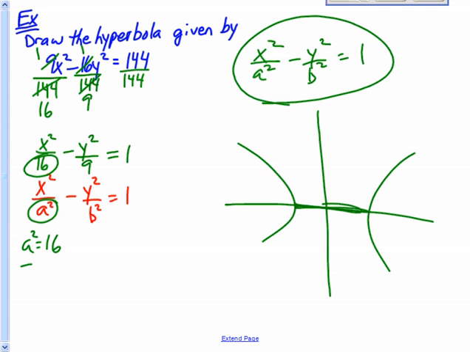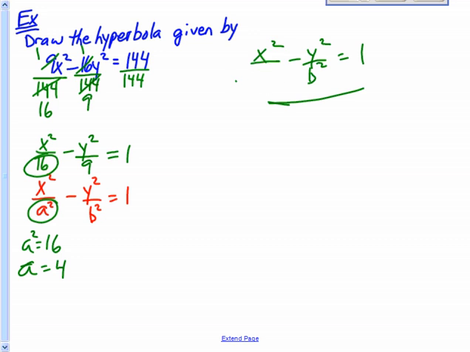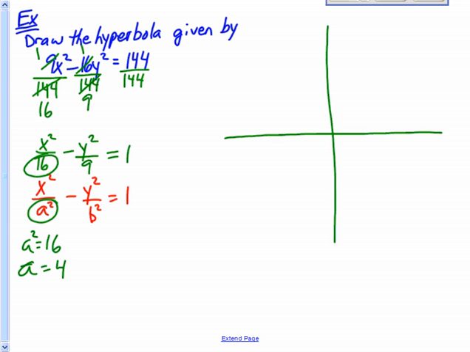So I know my A, A plus minus 4 here. So I'm 4 units. Let me redo this graph, make it a little cleaner here. My center of this thing's in the middle. My transverse axis is horizontal. My vertices are 4 units away from the center in this case.